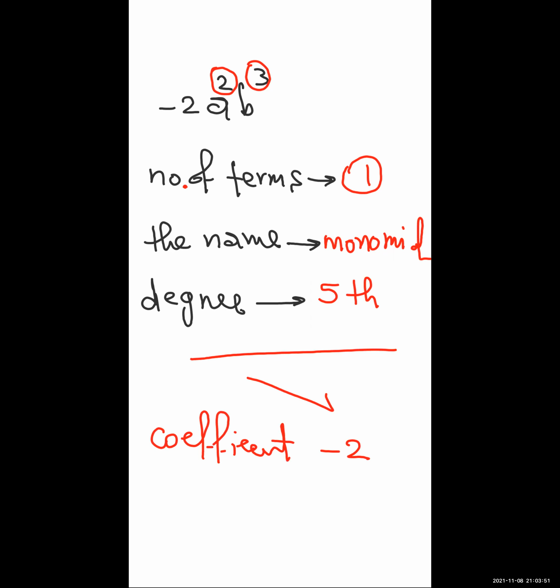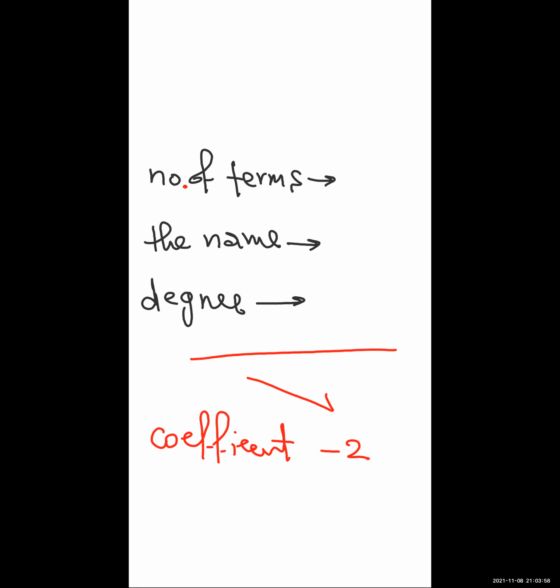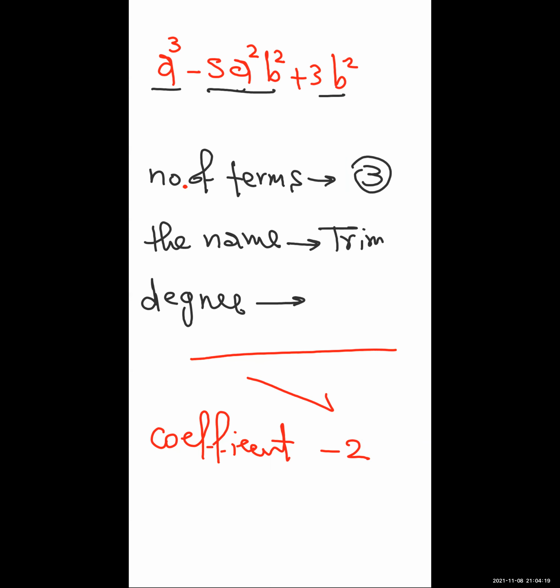Okay. One more example. If it's like that, and also you will get the same requirements. A to the power 3 minus 5a squared b squared plus 3b squared. Number of terms, 3 terms. The name, trinomial.